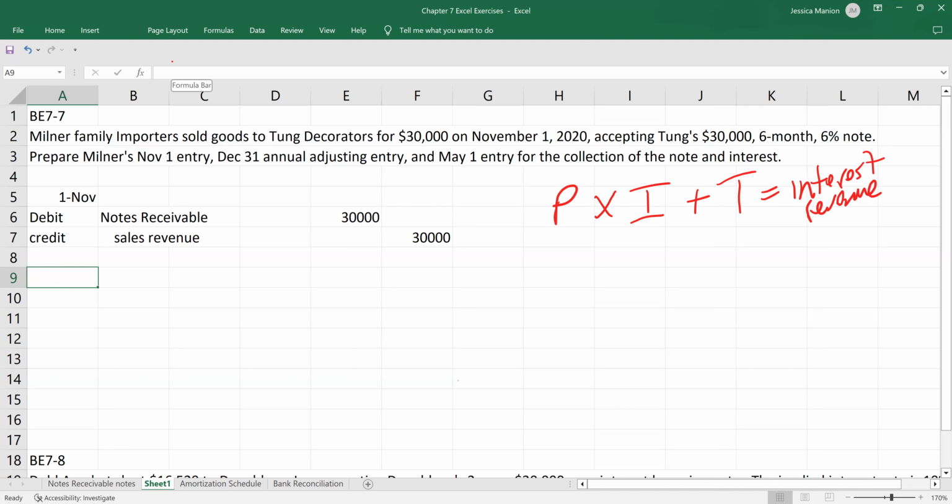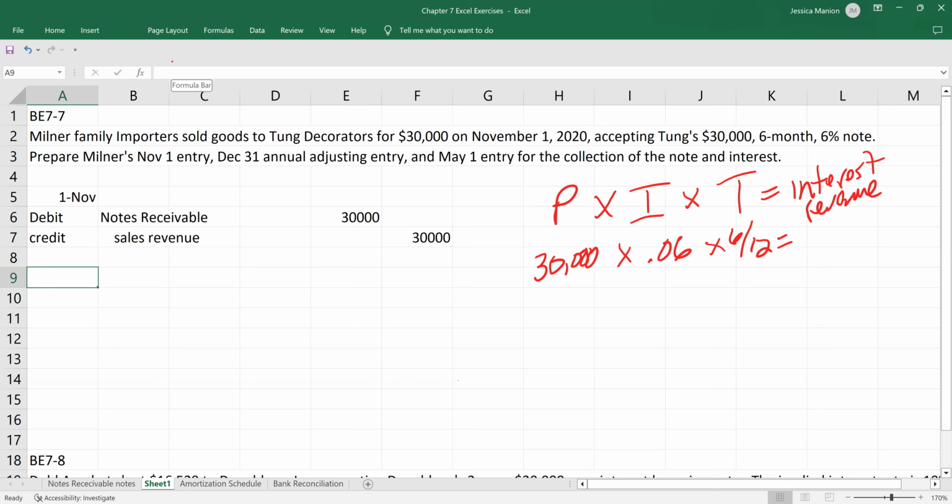If we plug our numbers in here, 30,000 times, this is a 6%, so 0.06 interest, times 6 out of 12, because this is a 6-month note, so they're only going to owe us interest for 6 out of 12 months.